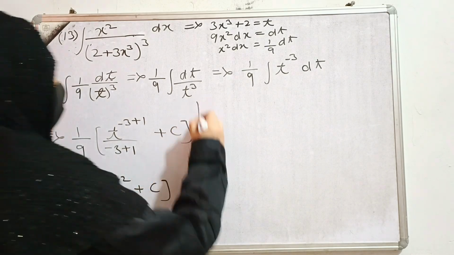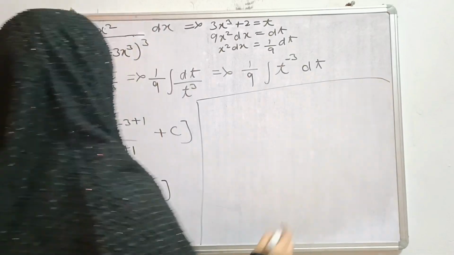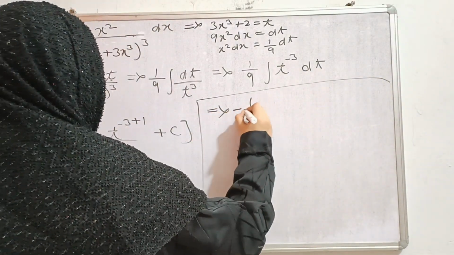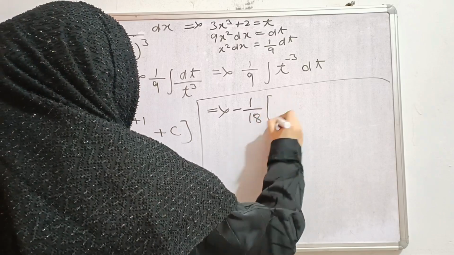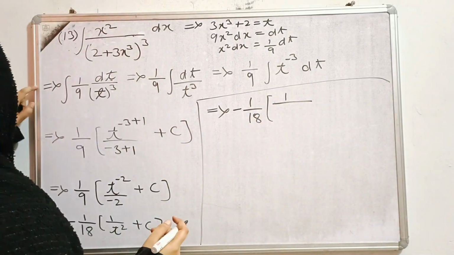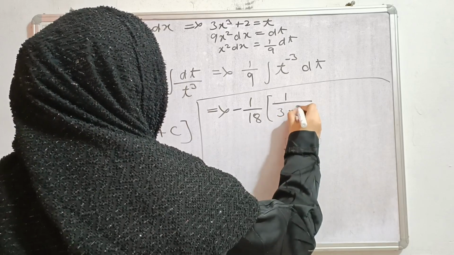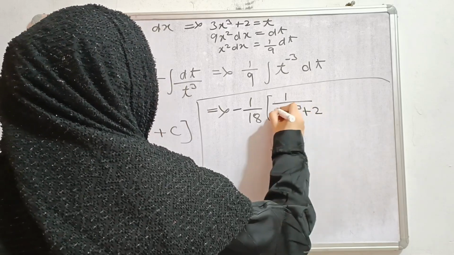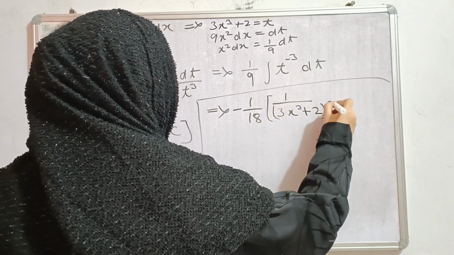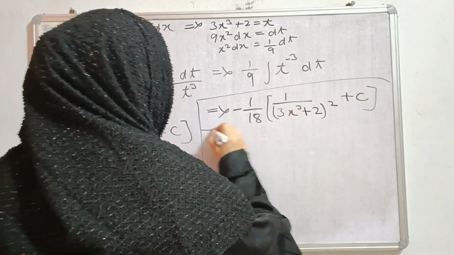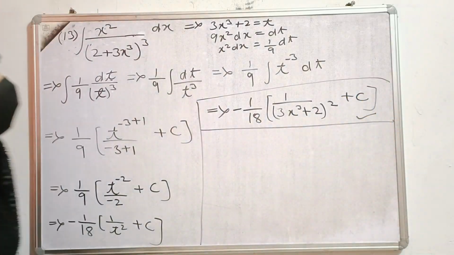Now substituting the value of t, we get minus 1 upon 18 times 1 upon 3x cube plus 2 whole square, plus c. Okay scholars, this is our final answer.